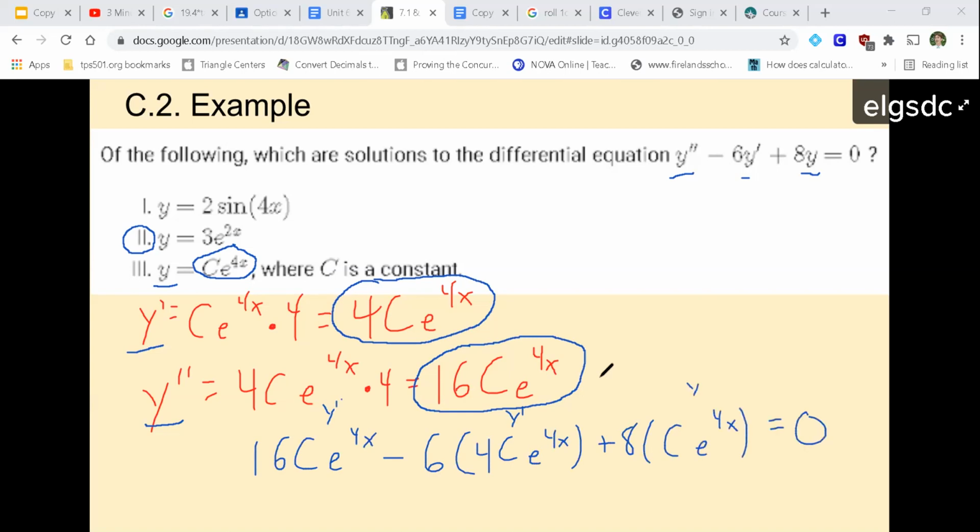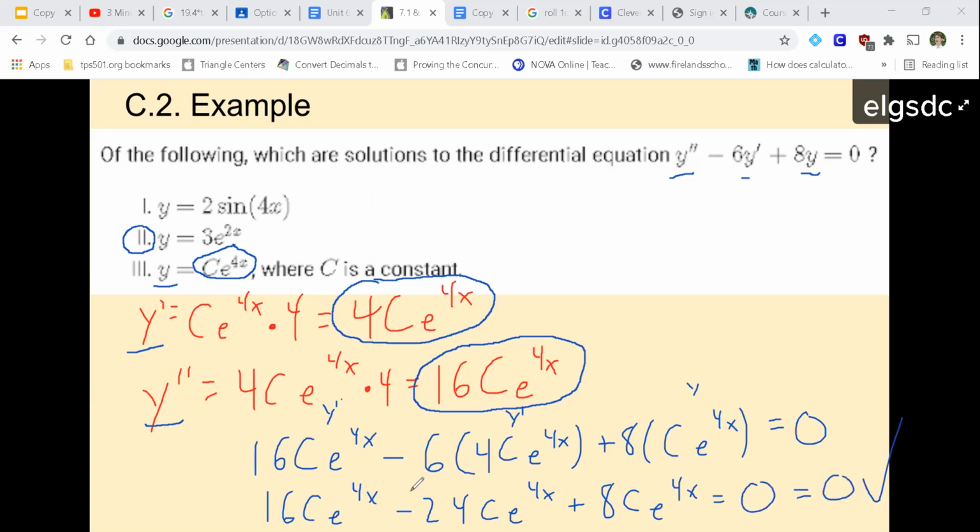Does that always equal 0? So again, we're going to multiply this stuff out. 6 times 4 is negative 24. And you can see that 16 plus 8 is 24, minus 24 is 0, so that always equals 0, so that does check.